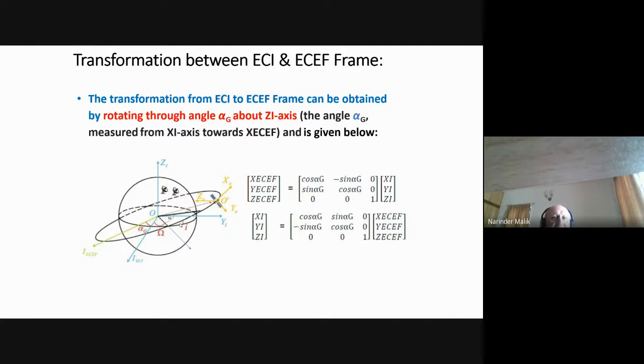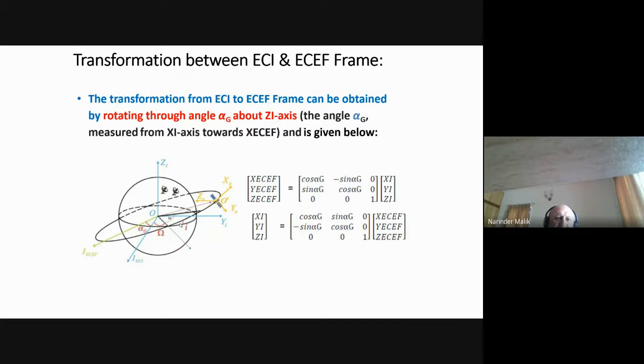Now, if you look at the gravity potential of the Earth, everything is measured in terms of radius, elevation angle, and azimuth angle in the ECF frame. And our satellite motion we are computing in the ECI frame. So we have to transfer the information from the ECF frame to the ECI frame.